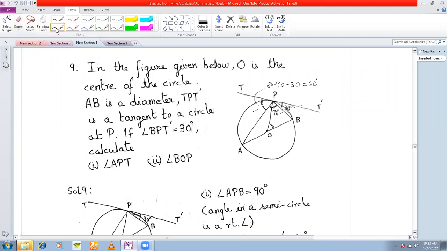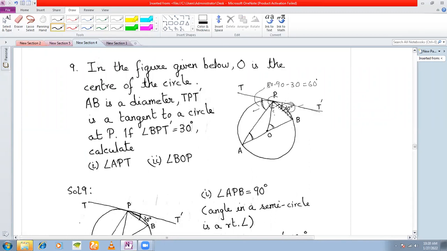Because this 30 degree angle, you have a tangent and you have a chord, and this chord passes through the point of contact. That means this angle 30 degree must be angle in this segment here, right? This segment. What is the angle in the other segment? Angle in the other segment is this one, right?